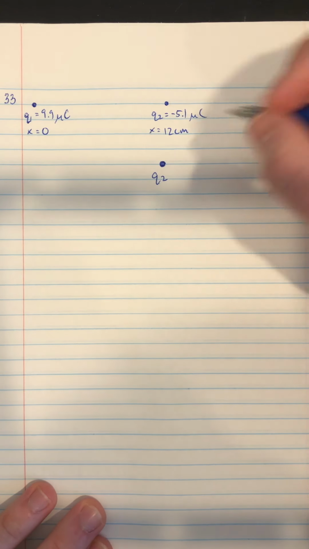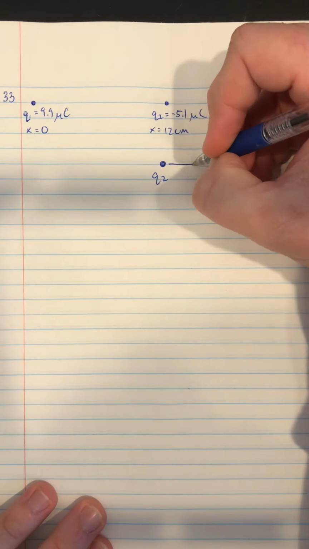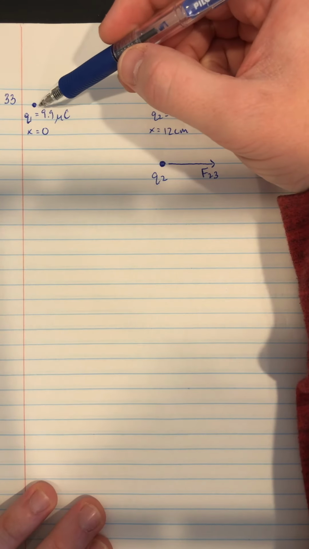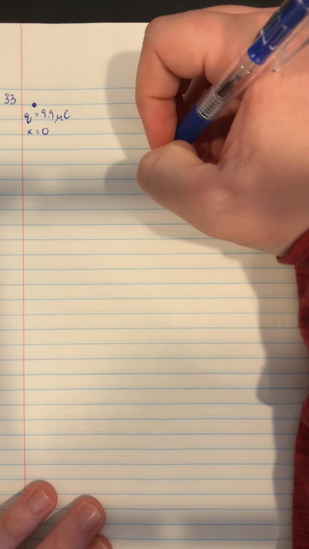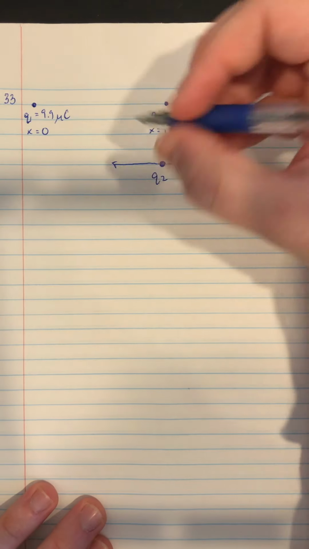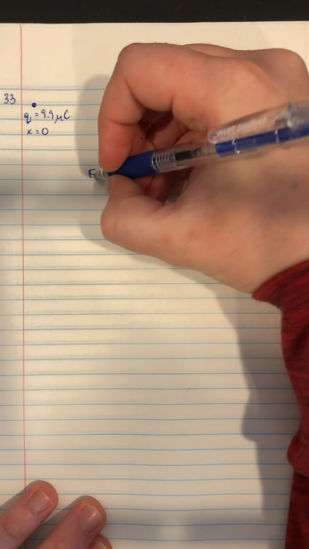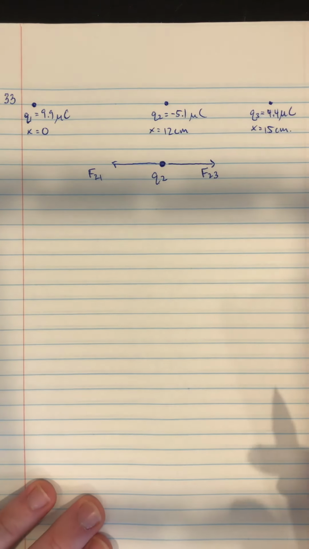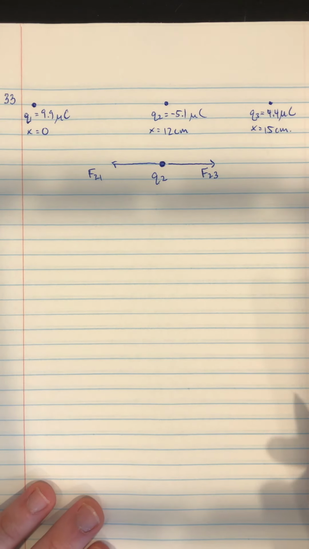So let's check it out. Attractive force here from Q3, pulling it to the right, opposites attract, so that's F23. Here we have another attractive force because of Q1, so that's F21. So again, going in opposite directions. This time, let's be a little bit smarter about this.